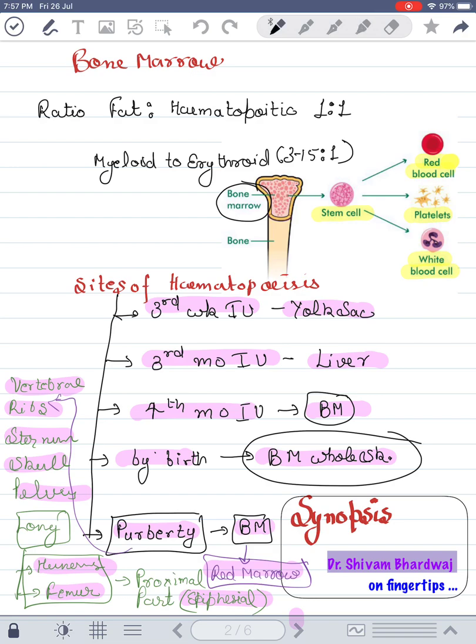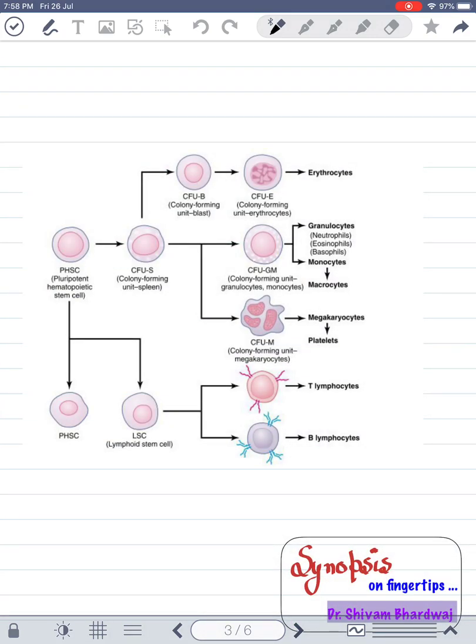Now coming to the next part, the hematopoietic system.